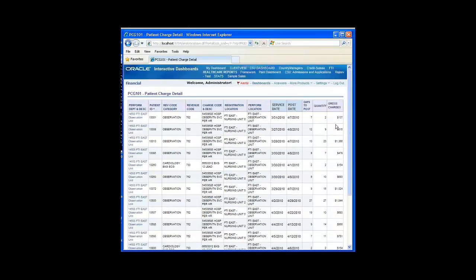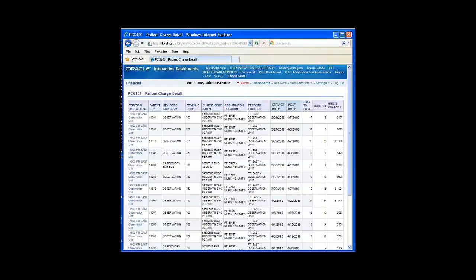And not only are we saying, okay, for the observation unit, what was their percentage of charges posted with a delay, but I can drill down to that charge level detail. So I can understand, okay, for instance, this particular charge took 7 days to post. The service was rendered on March 31st, didn't get posted until April 7th.